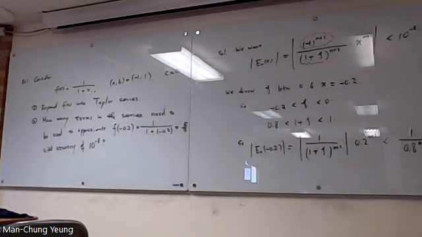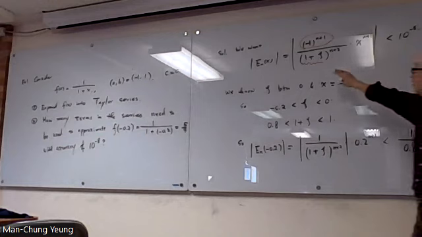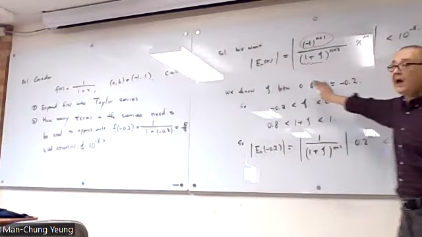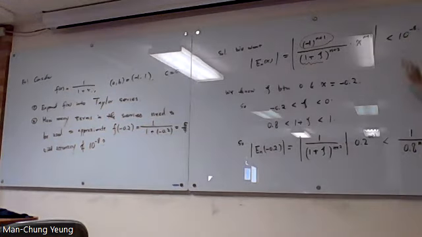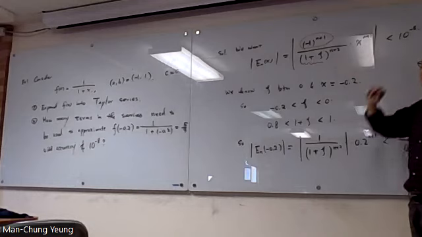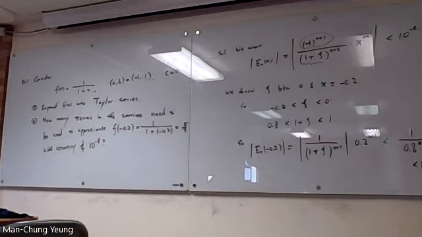So in order for the original error to be less than 10 to the negative 8, I just need to find n so that this number is less than 10 to the negative 8. When this is less than 10 to the negative 8, then the original error is less than 10 to the negative 8. Now I solve this inequality for n. If this is true, then this must be true.